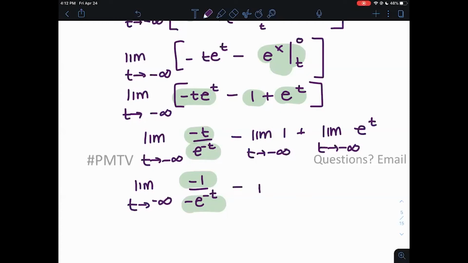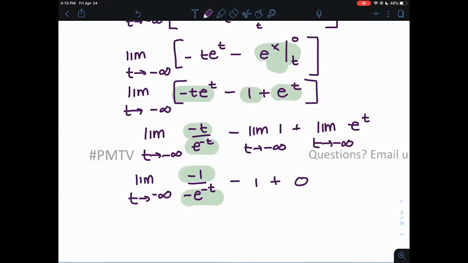The limit of a constant is the constant. And then this third term, as t approaches negative infinity, e to the negative infinity power is 0. So now I just have one more to evaluate here, and I really should be carrying down equal signs to make sure we know what we're talking about right now. This is equal to -1 over negative, so just 1.